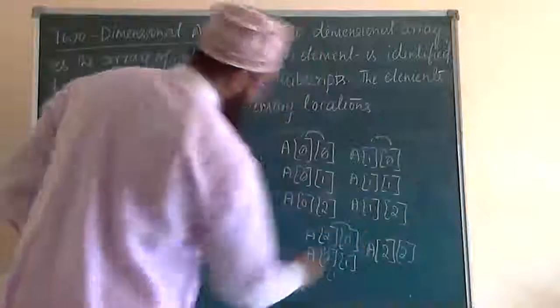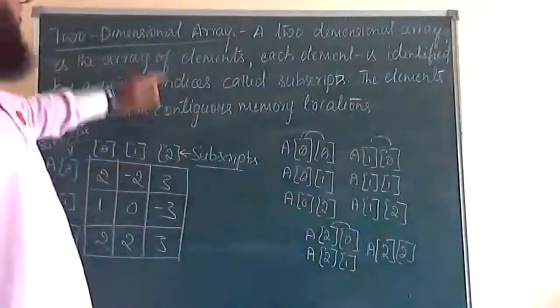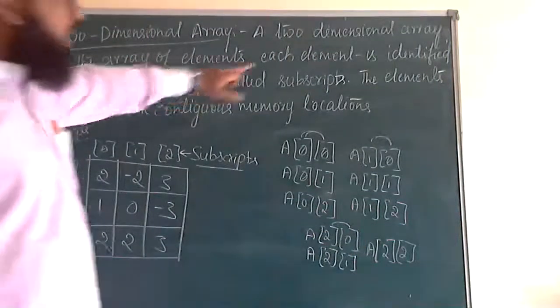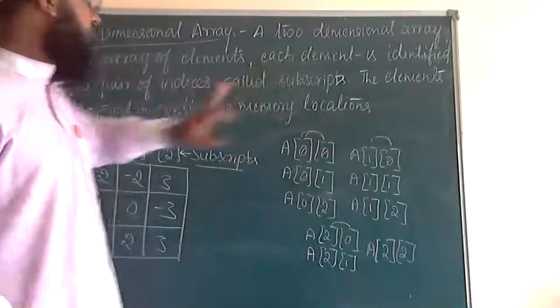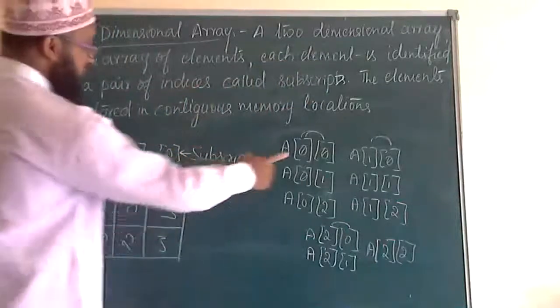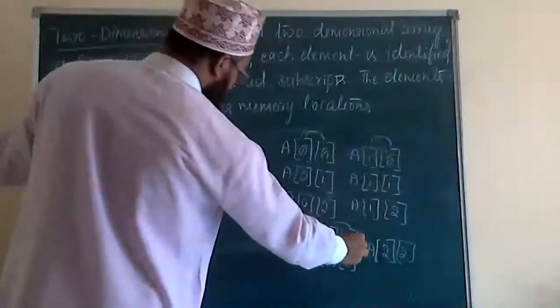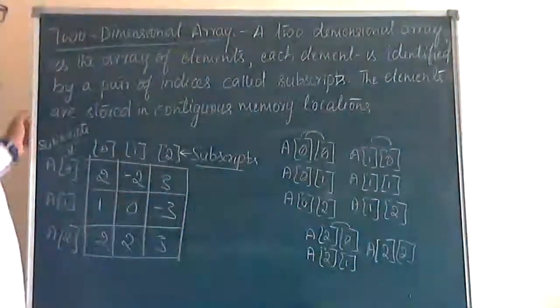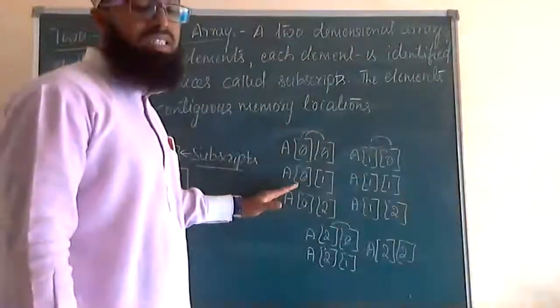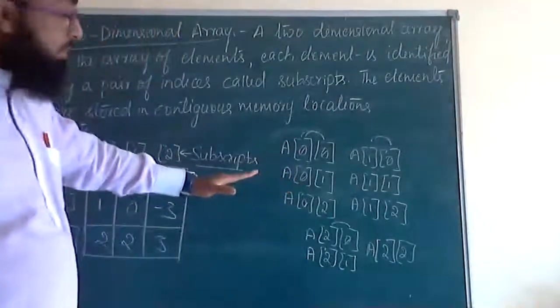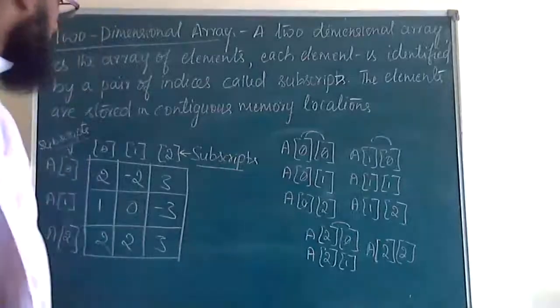Like this, a two-dimensional array can be identified. These indices, 0, 0, 0, 1, 0, 2, 1, 0, 1, 1, 1, 2, are called indices, and these indices are called subscripts. Okay, hope you have understood this.